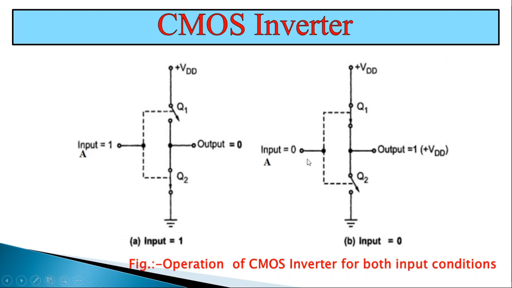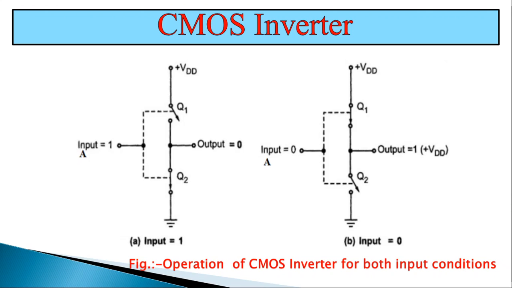Then in figure B, when the input is low, that means A equal to 0, then the gate of transistor Q1, that is P channel MOSFET, is at negative potential relative to its source, while Q2 has VGS equal to 0 volt. Thus, in this case, Q1 is on and Q2 is off.